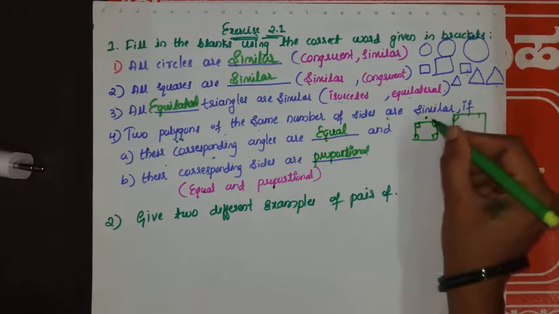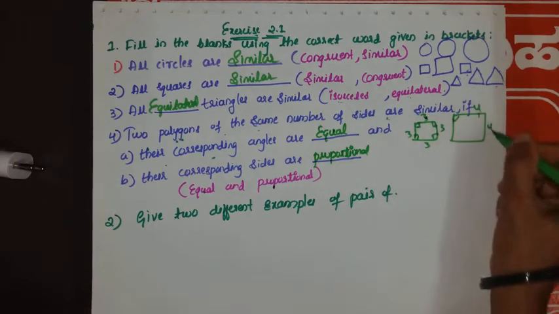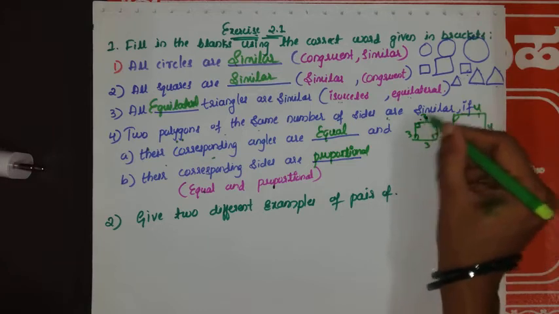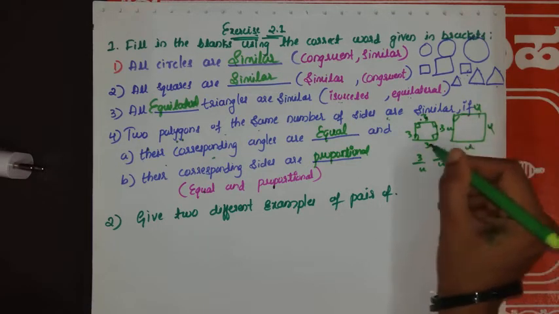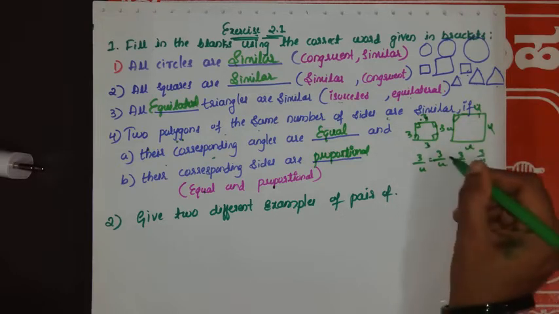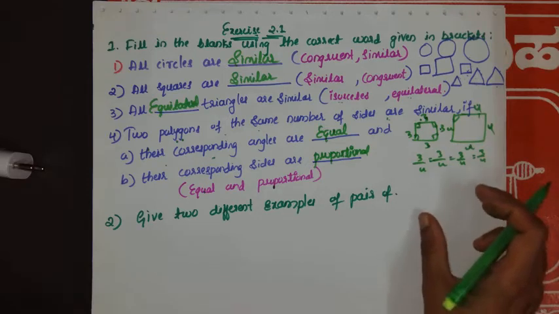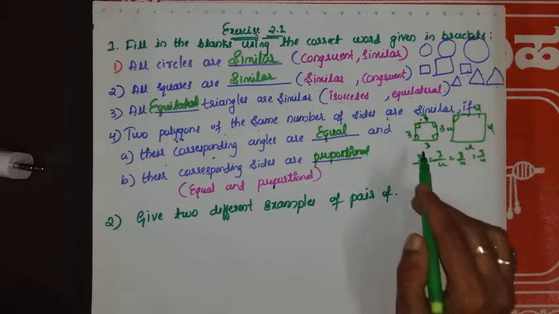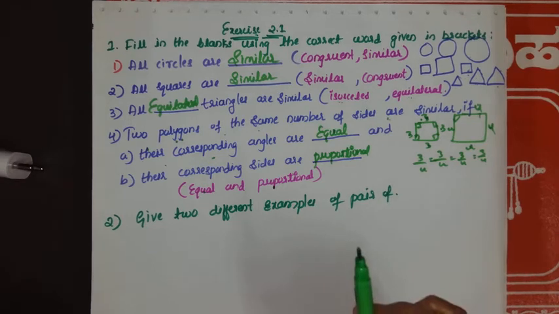So if they have sides 3, 3, 3, 3, consider the other as 4, 4, 4, 4, then the proportion is 3 by 4, 3 by 4, 3 by 4, and the last side also 3 by 4. So these are in the same proportion. That's why we call two polygons similar when their angles are the same and sides are in the same proportion.